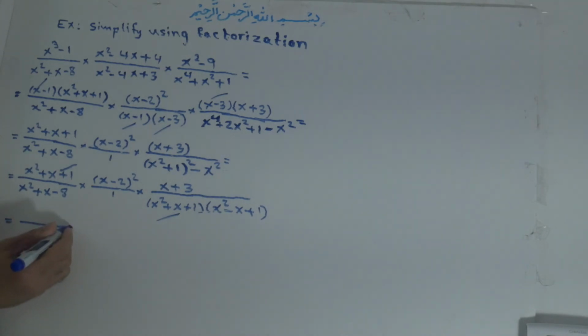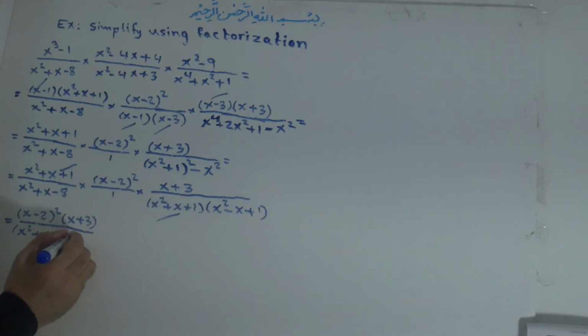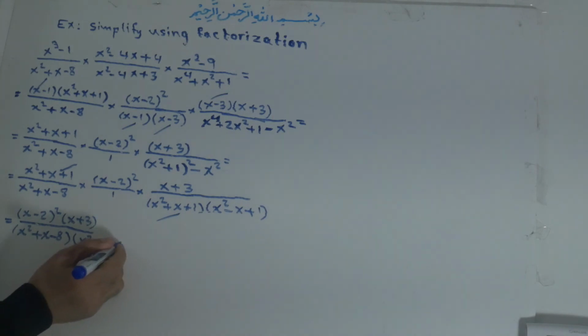It is in the multiplication form of x minus 2 to the power of 2 times x plus 3, and the numerator x to the power of 2 plus x minus 8 times x to the power of 2 minus x plus 1.